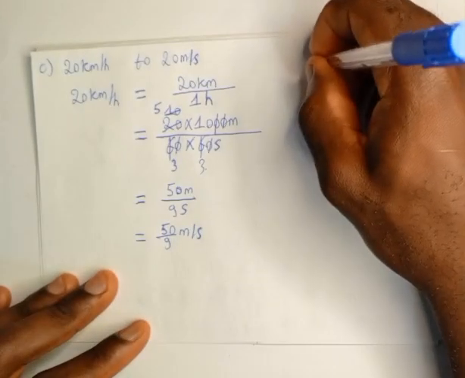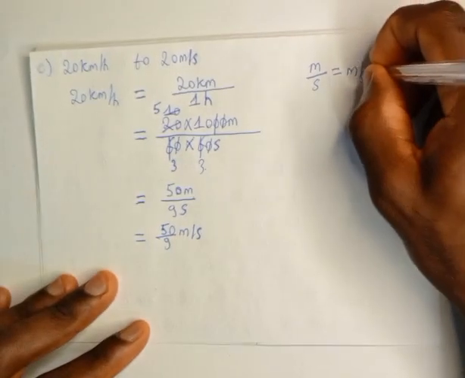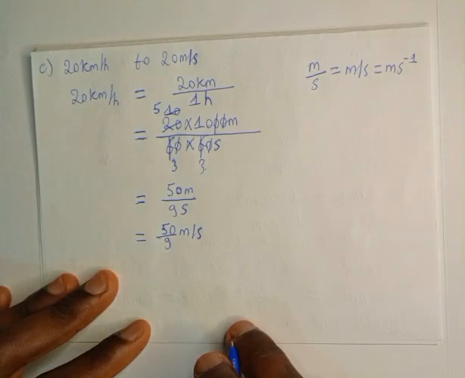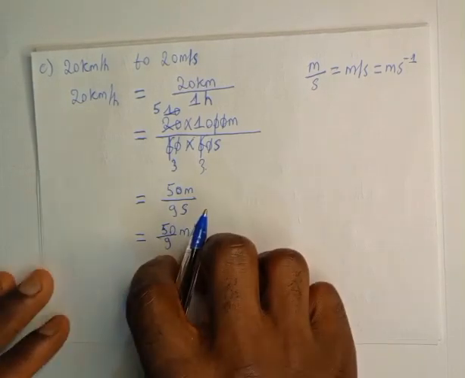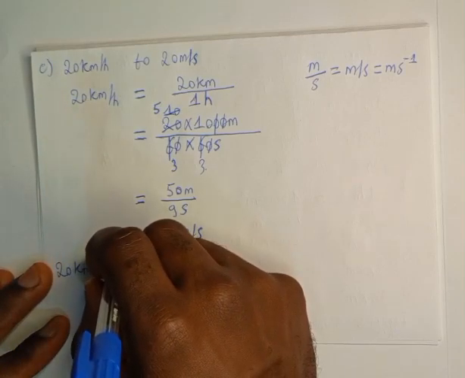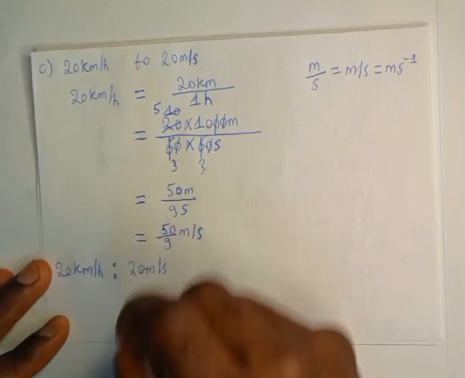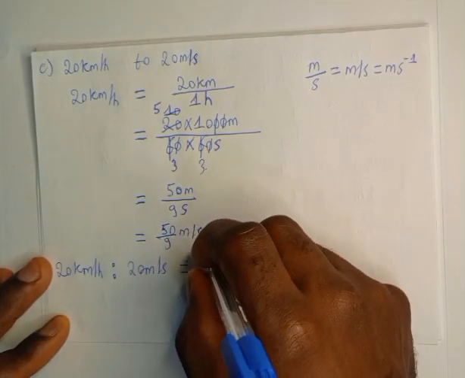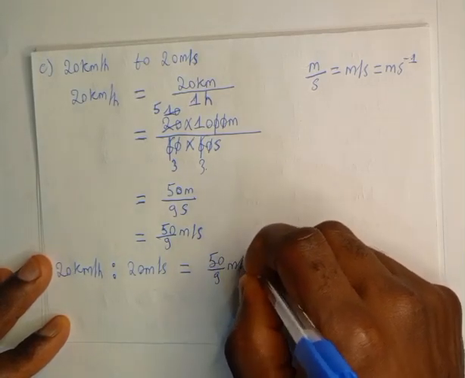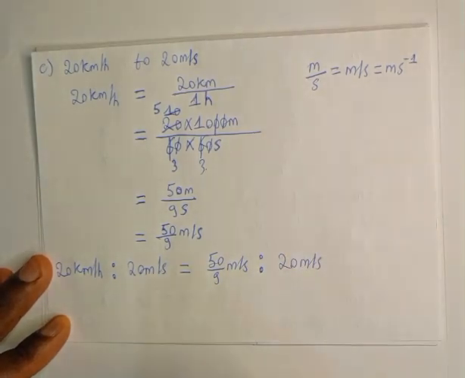Meters, you must take note of this. Meters all over second is simply the same as meters per second, which can be written as meters times second raised to the power -1. Take note of this. Now, if we take the ratio 20 kilometers per hour to 20 meters per second, it is simply the same as 50 all over 9 meters per second to 20 meters per second.